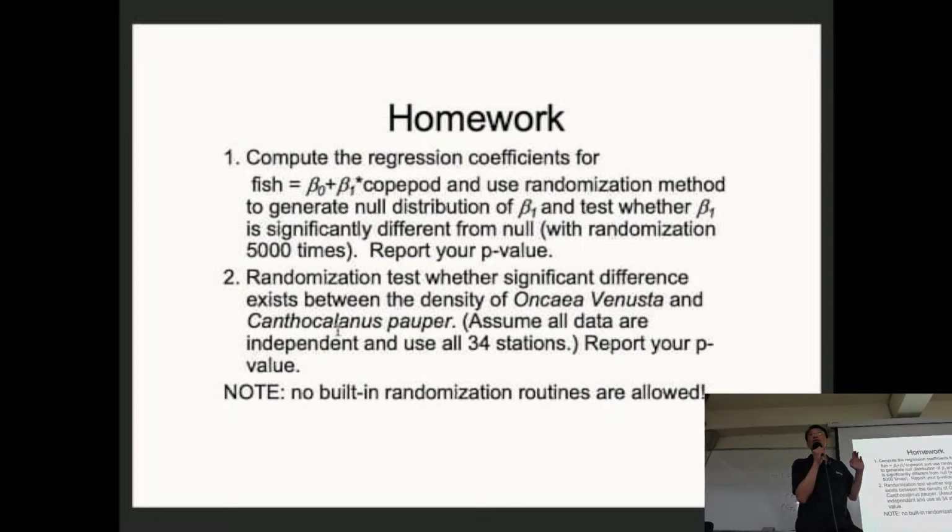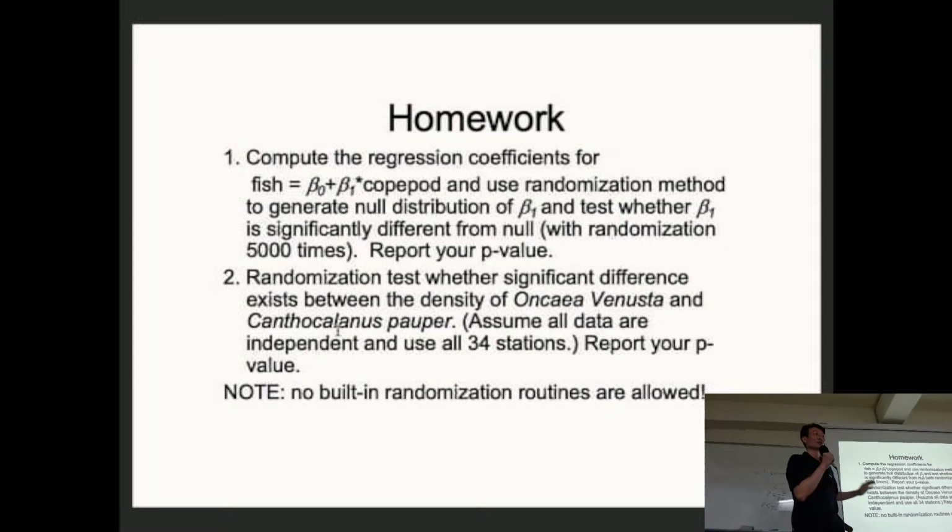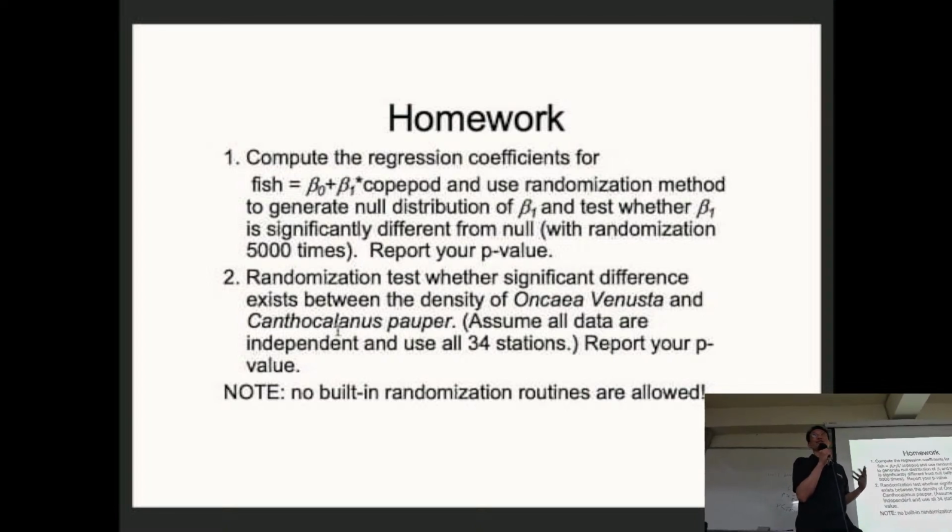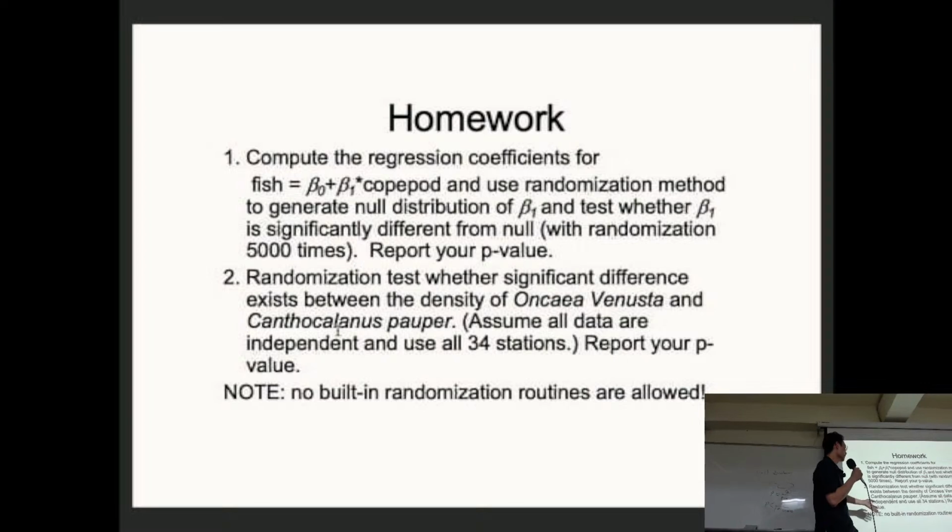Report your p-value. And keep in mind, this is the two-tail test. Same question, the two-tail t-test. So you need to think about how to calculate the exact p-value in the two-tail test. Okay? Again, you write your own randomization routine. I'm sure you already know how to do that from the second homework, right?